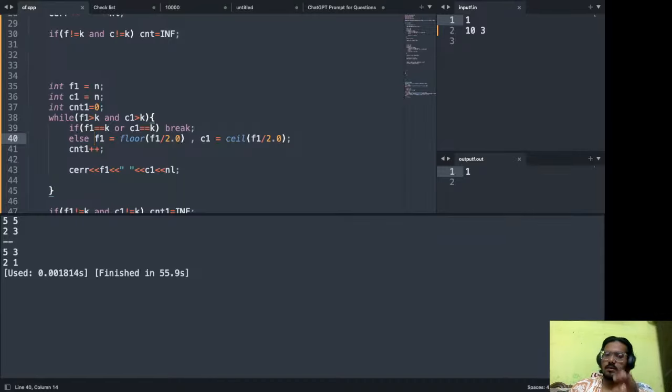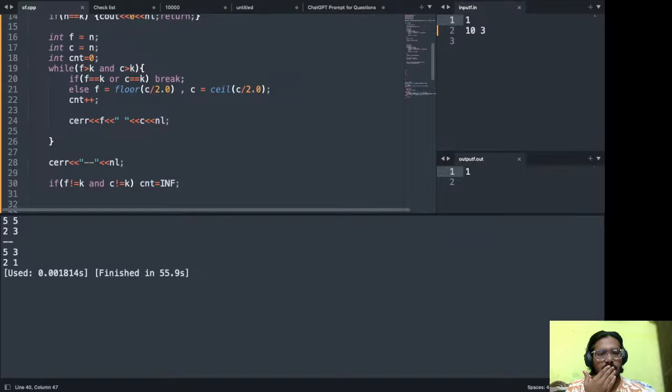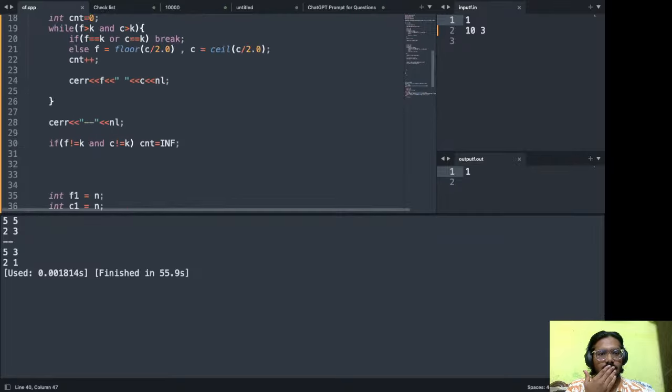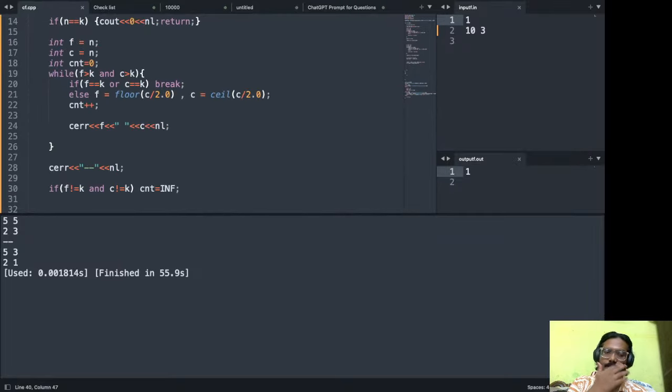F1 is floor. तो floor है 10 का 2-5 हो जाता है. ओके समझ गए. 5 का फिर 2 कर रहा है. And I was lucky कि यहाँ कैच नहीं हुआ. Temporarily करना होगा.